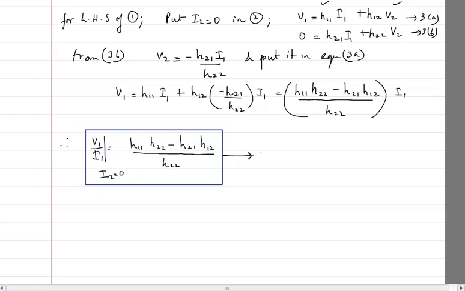This is equation number 4. Okay, so I found out the left hand side.